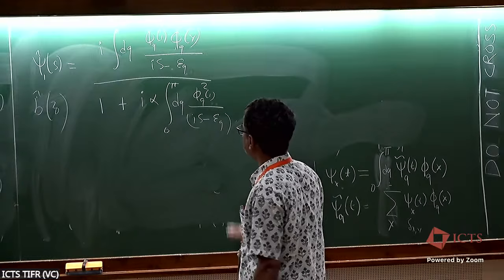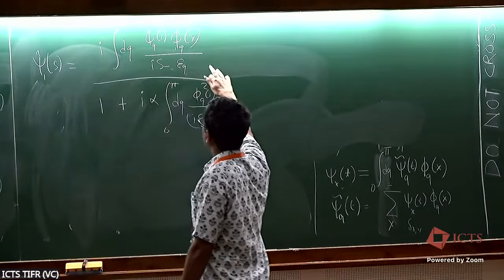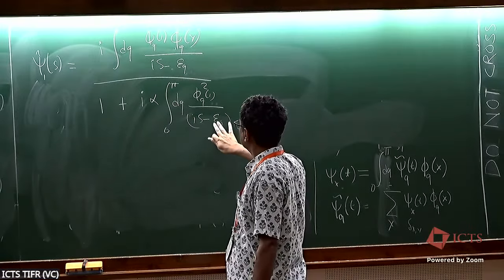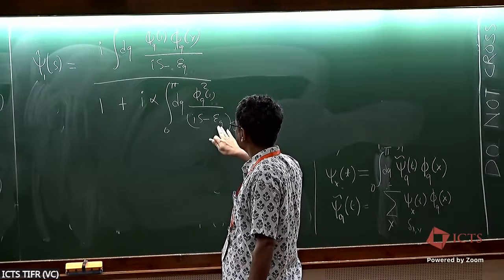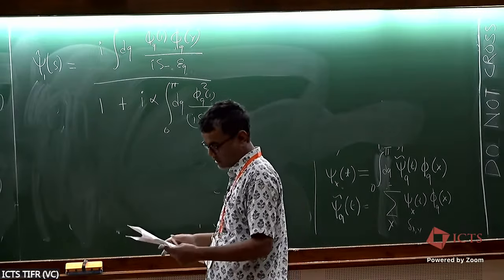Anyway, now the good thing is that one can explicitly do these integrals, because here this is cos q, so you can just do contour integrals, you can do all this exactly.